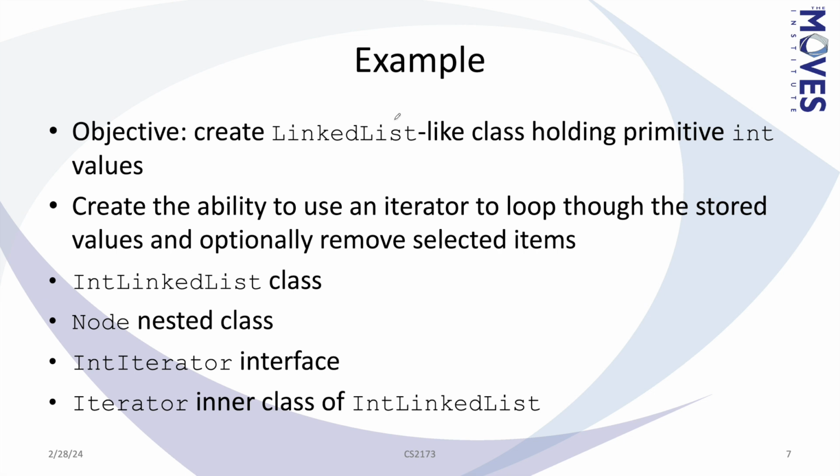And this is an example of using inner classes and interfaces to do something similar to what we've already done. If you remember back when we were talking about collections, they had this iterator thing, and I got an iterator by asking the collection, give me an iterator.